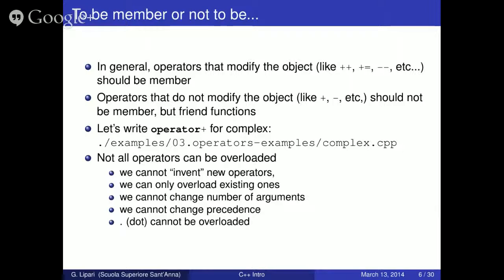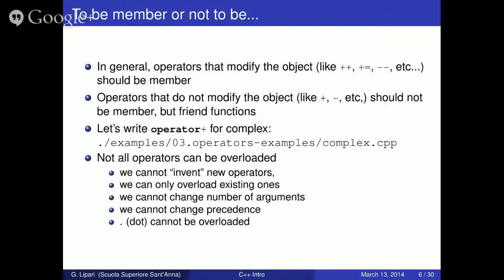Anything else can be overloaded. So, for example, one thing you can do is to overload the arrow operator, which, given a pointer P, references one of the members of the object pointed by P. You can overload the ampersand, which is take the address of something.